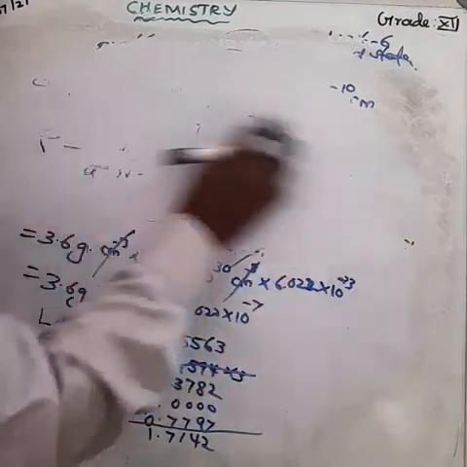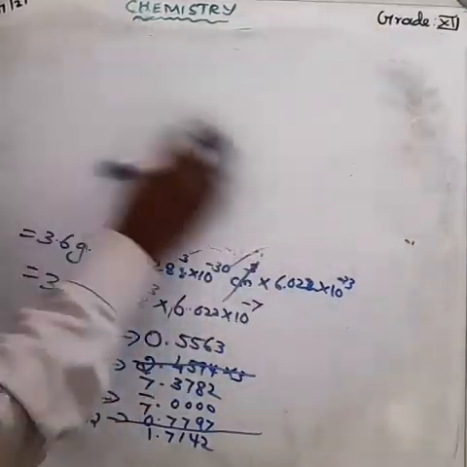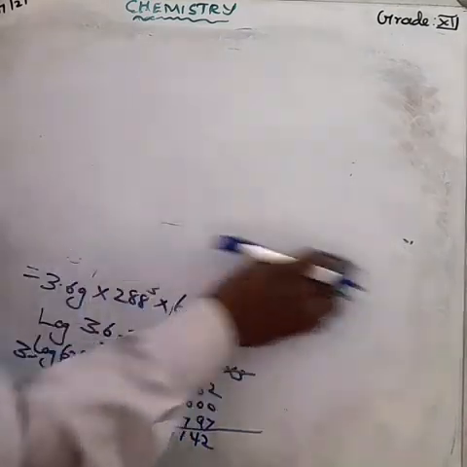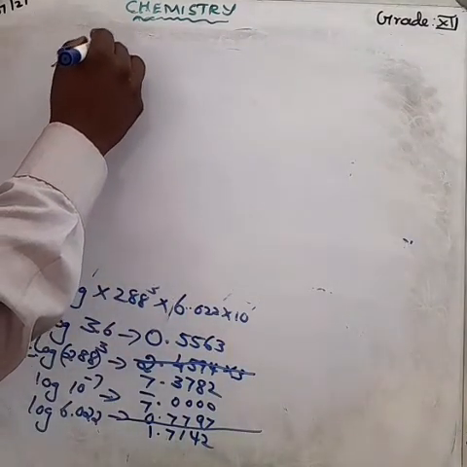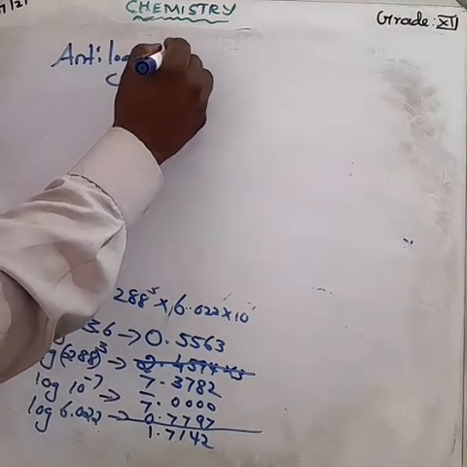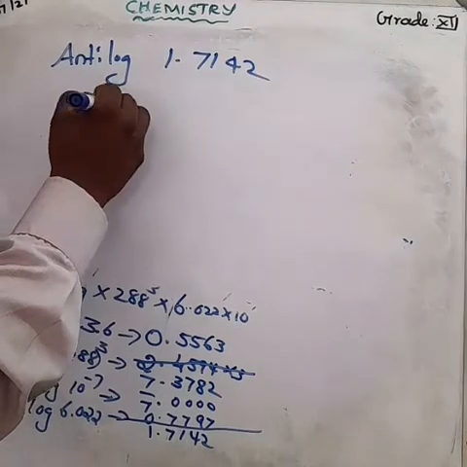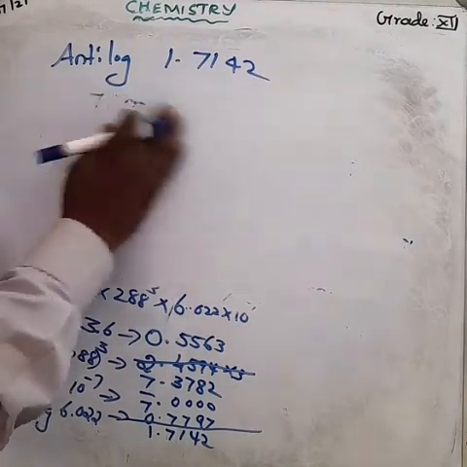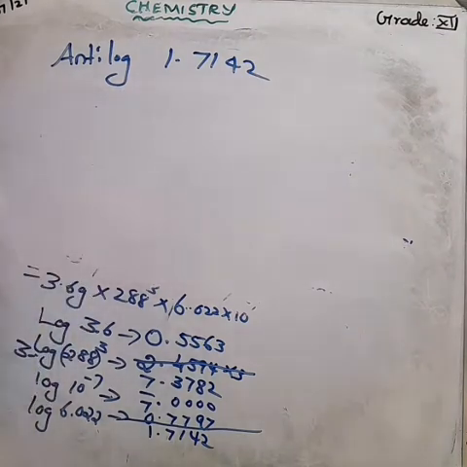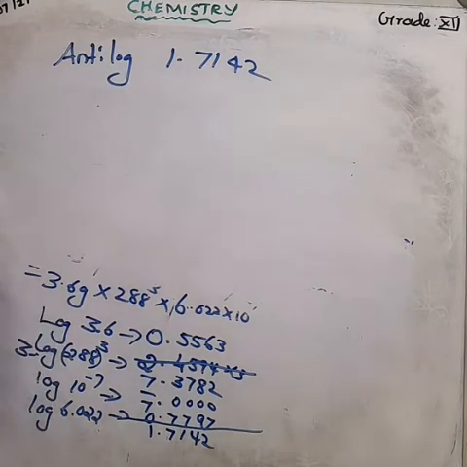Next, the antilog of this, that is the antilog of 1.7142. We have to find the antilog of 71 4 and the mean difference 2. 71 4 means 5176, and the mean difference 2 means 2.